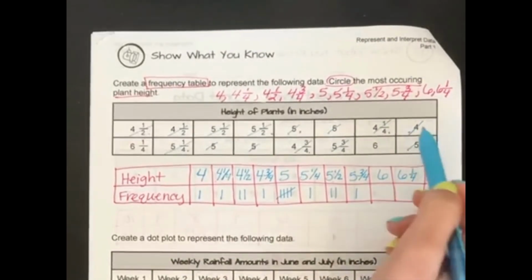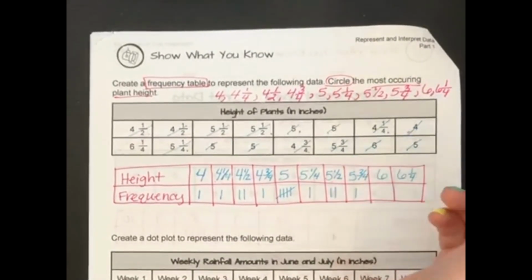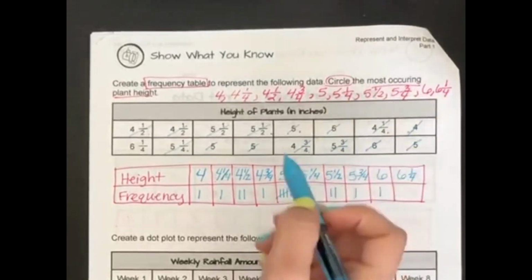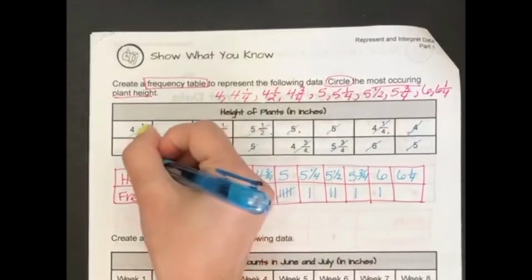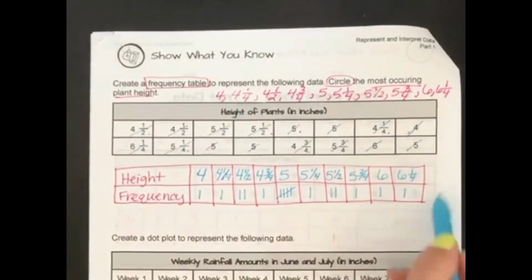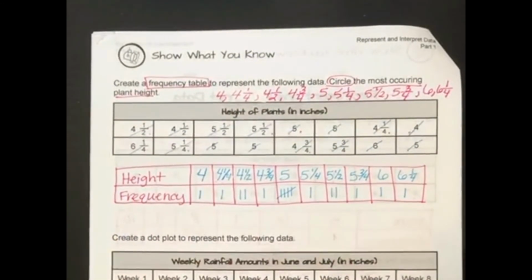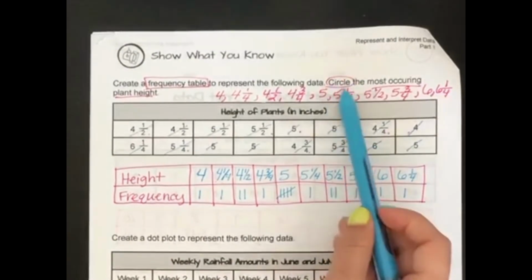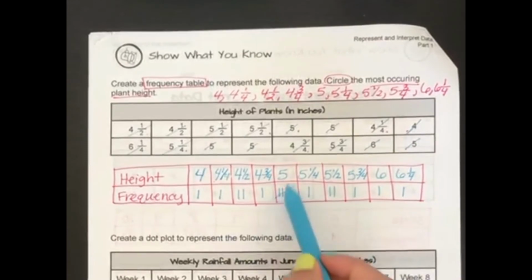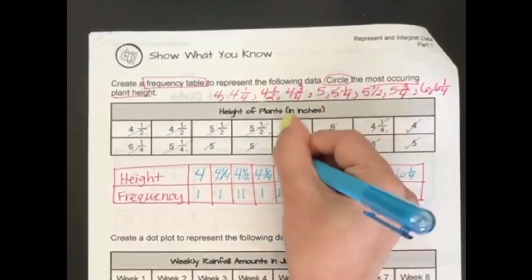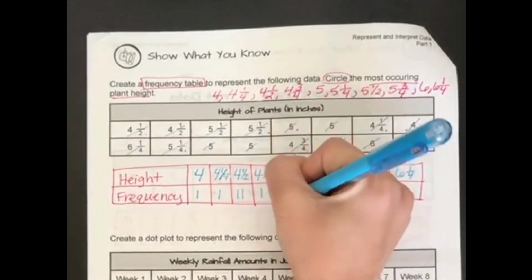Remember, just 6. I've got 1, and 6 1/4. I have 1. So this is my frequency table. Now I can answer the question. Circle the most occurring plant height. So I can clearly see here that 5 was the most occurring plant height. I'm going to circle that one.